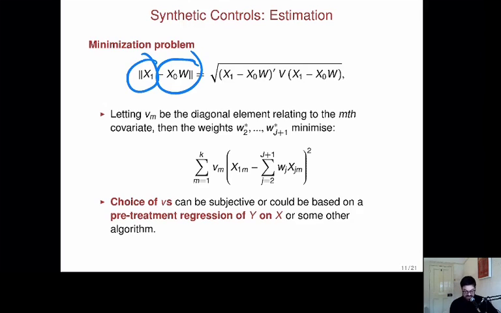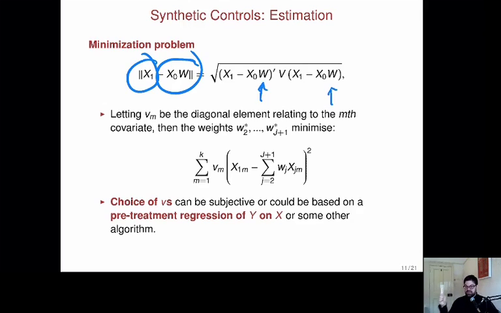Once again, you have weights for each unit in the donor pool. How important is that? That's W. And for each unit you observe multiple variables.